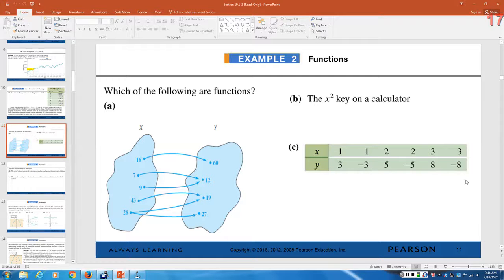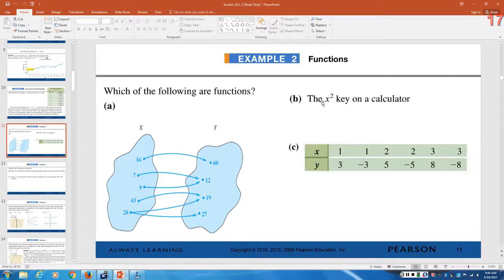It's all right that, for example, if I were to have 5 and 5 going to the same y value or two different y values, that would be all right. This one definitely is a problem because 1 is going to 3 and to -3, 2 is going to 5 and to -5, and 3 is going to 8 and to -8. So all of those have two partners. That's not allowed.